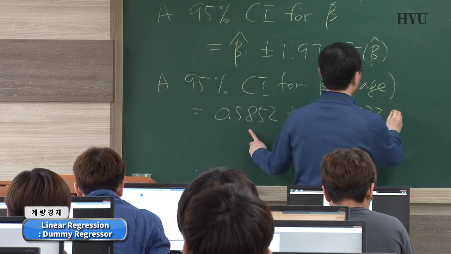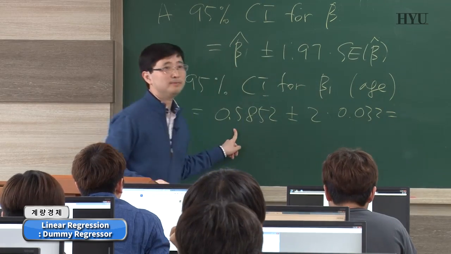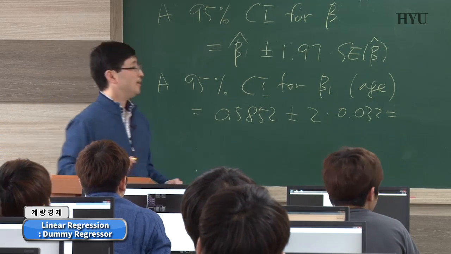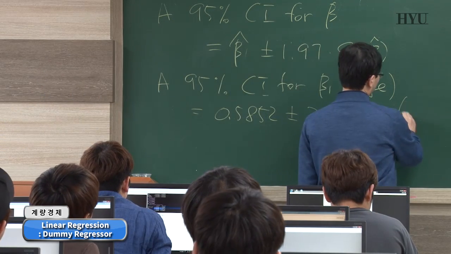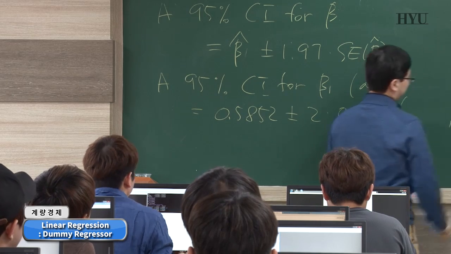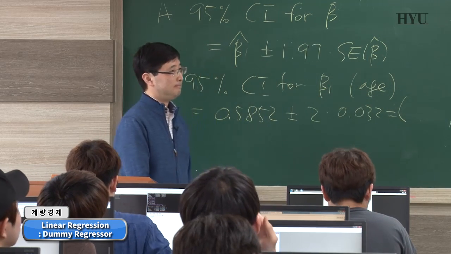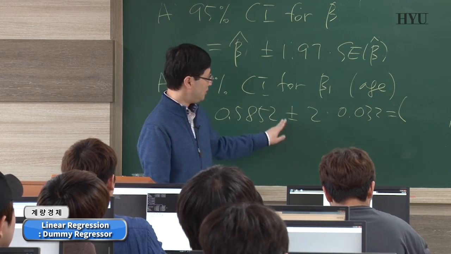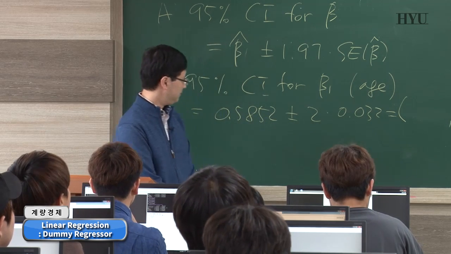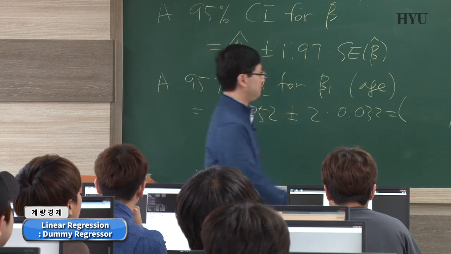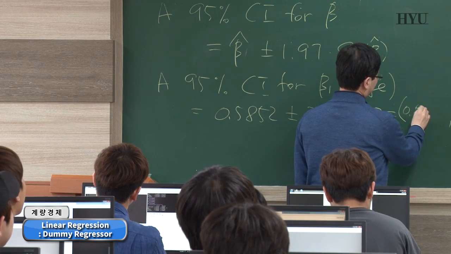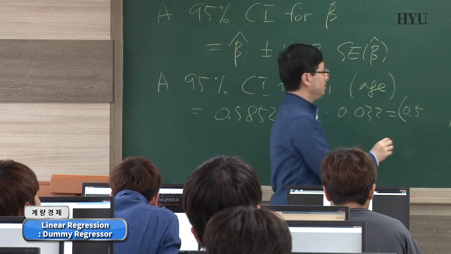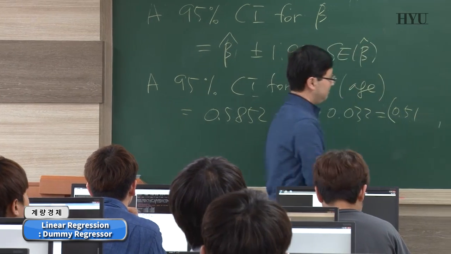Can you do me a favor? Can you calculate this, and can you give me the left-hand side and right-hand side? So what is this minus 2 times this number? 0.492.